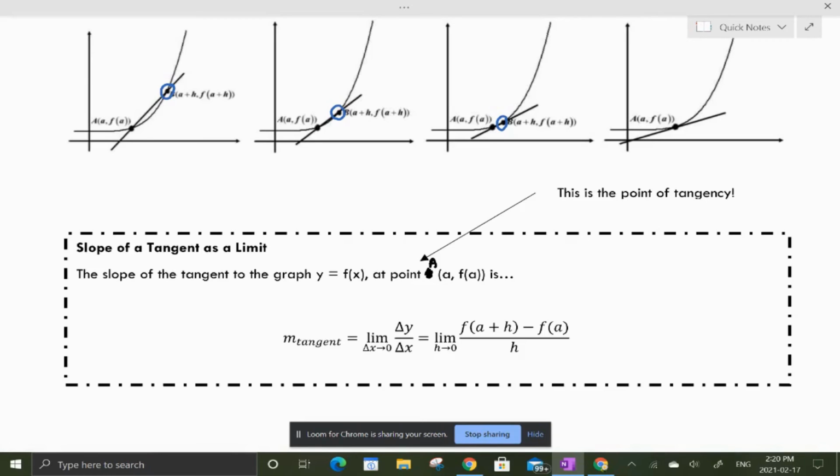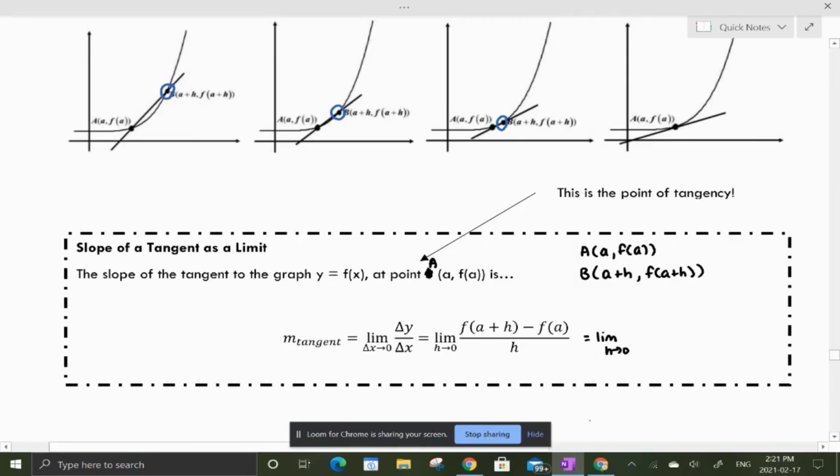Now, for many of you, when you look at this, you're like, I don't know how you came up with this formula, miss. How did you come up with it? So what you can actually do is, remember, slope is between 2 points. And you have 2 points here. You have point A, which is a and f of a. And then you also have a point B, which is a plus h, and then f of a plus h.